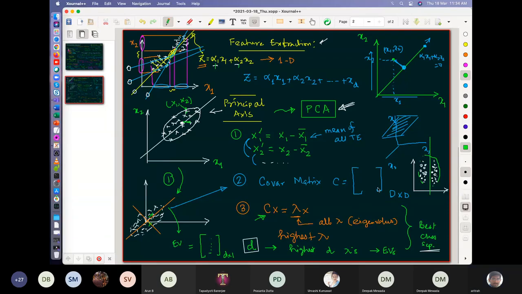But if this be your final principal axis where you will project, then this is not a separable one. So obviously this method has certain question marks over it. Agreed with the drawback? Yes.